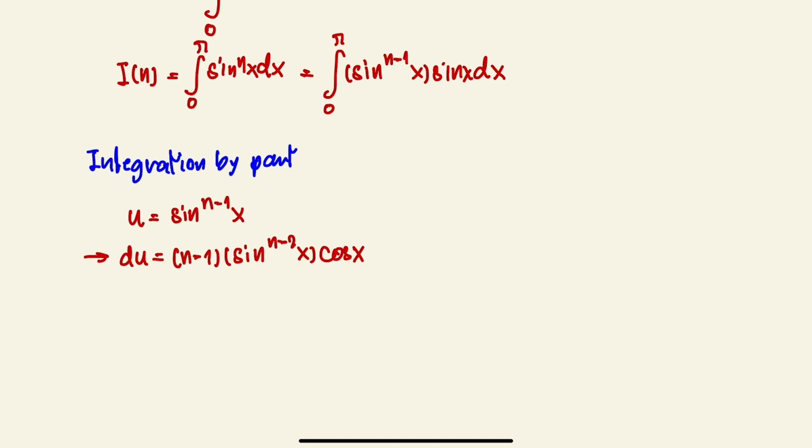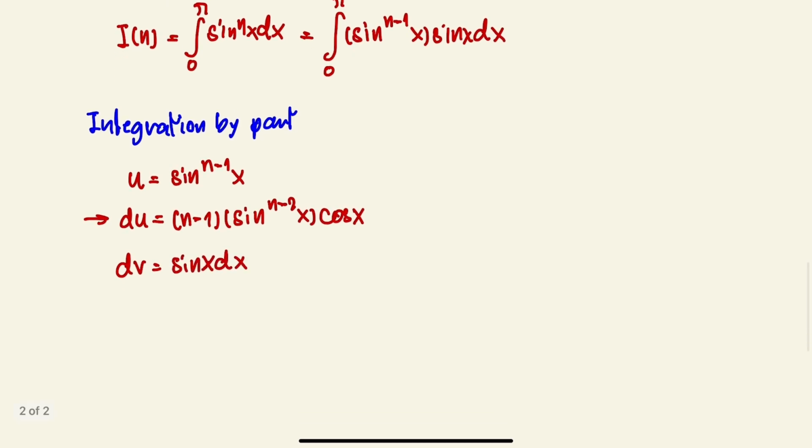So I will let dv be sine of x dx. What is v? v is the integral of sine x, so it's going to be minus cosine of x.